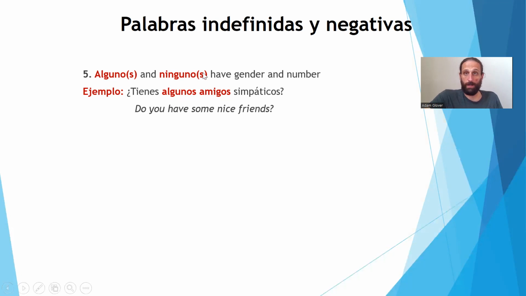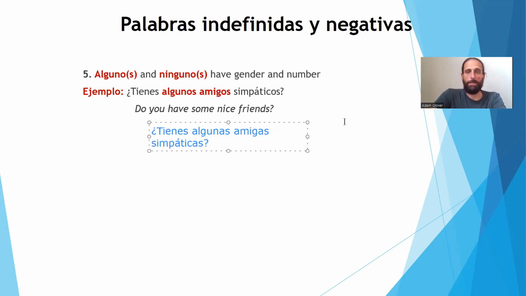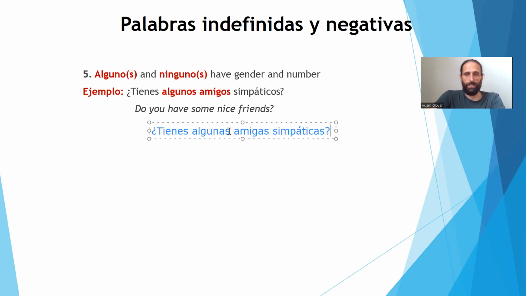Do you have some nice friends? Now, one consequence of this is if we were to change it to ¿tienes algunas amigas simpáticas? If we were to change amigos to amigas, algunos would likewise have to change to algunas. So they agree in gender and number.